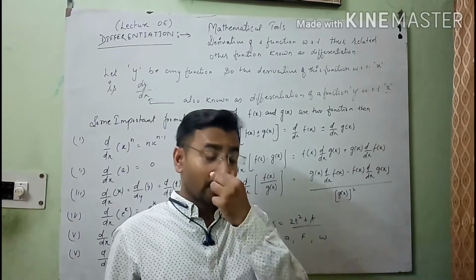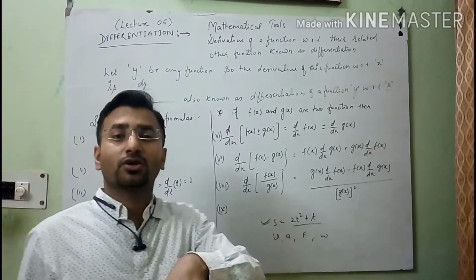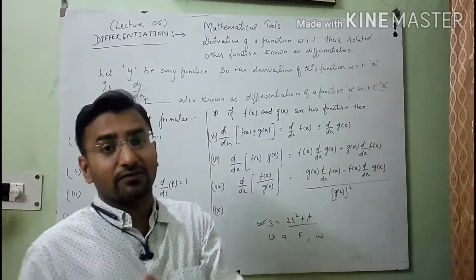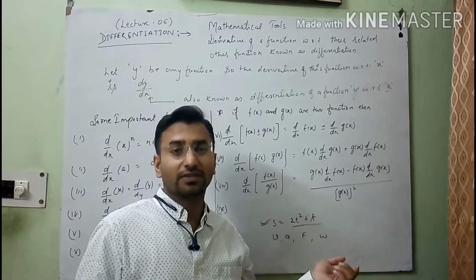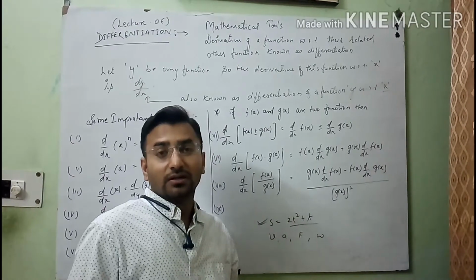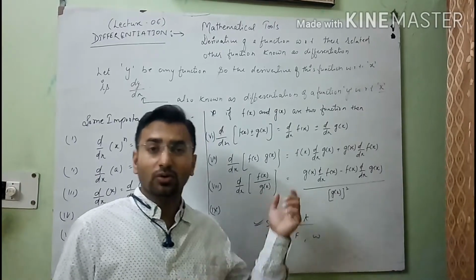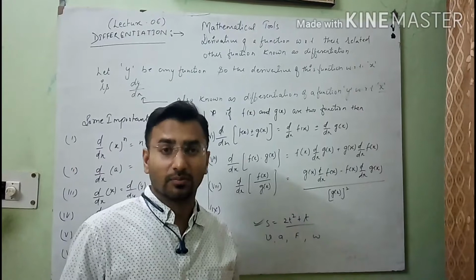Suppose we are taking two functions x and y, such that y is a function of x. So when we differentiate y with respect to x, the related function, then we can easily solve for the value of the differentiation.